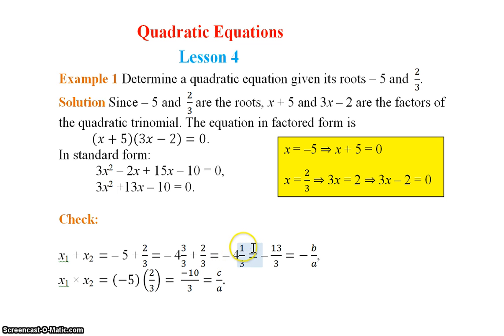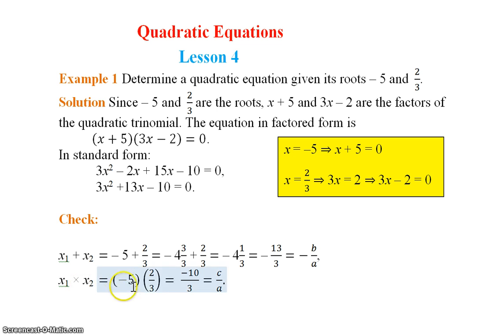Now we can convert this mixed number into a proper fraction. We multiply 4 times 3 is 12 plus 1 is 13 and we get -13/3, which equals -b over a, because b is 13 and a is 3.